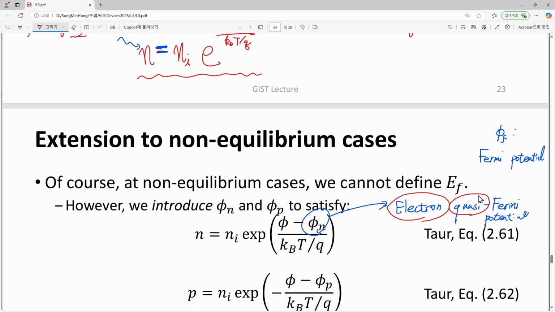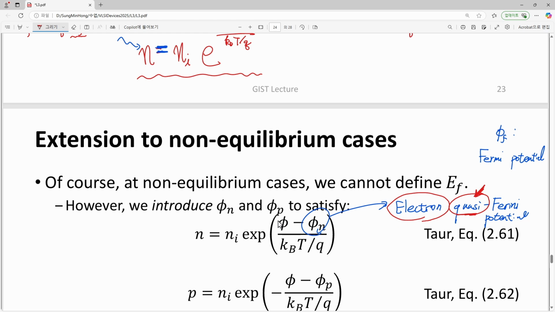Quasi means that there is no such quantity in reality, so we just introduce a certain fake quantity in order to make the relation. So this is not the real Fermi potential, so quasi-Fermi potential.